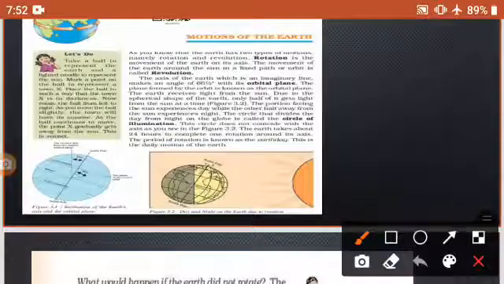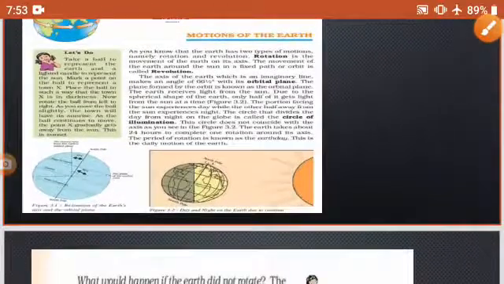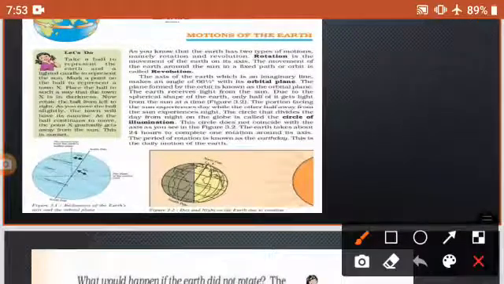In this figure, we see that the axis of the earth, which is an imaginary line, makes an angle of 66.5 degree with its orbital plane. So here we can see they have made this angle of 66.5 degree.